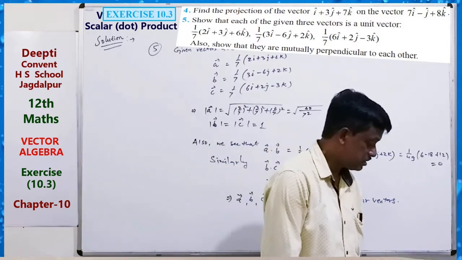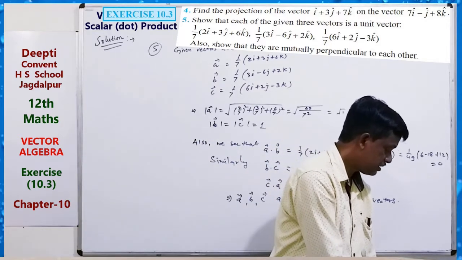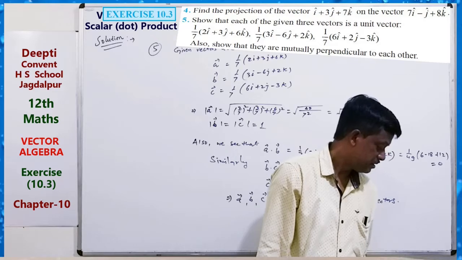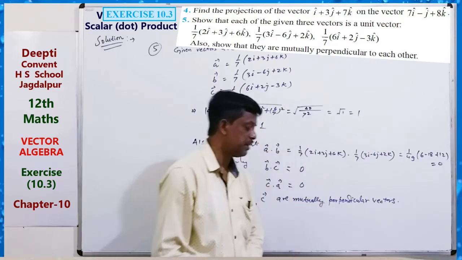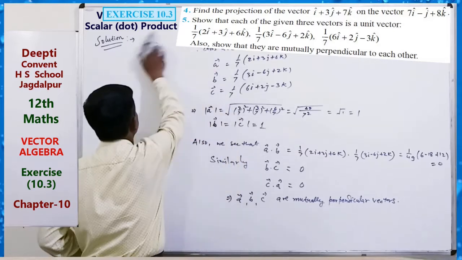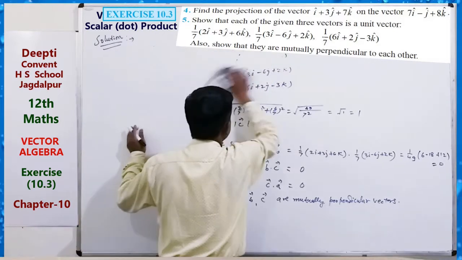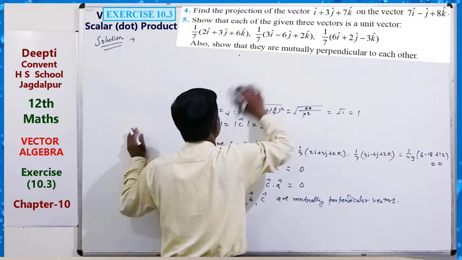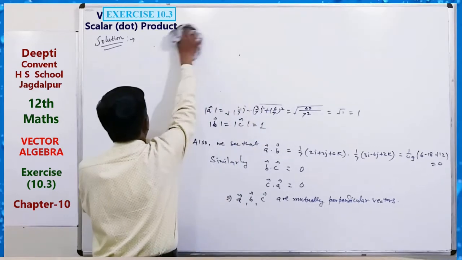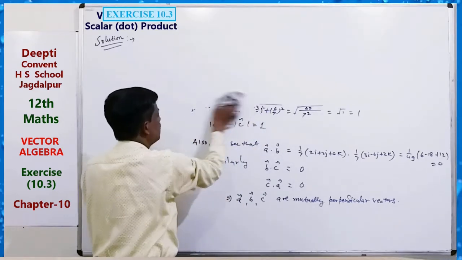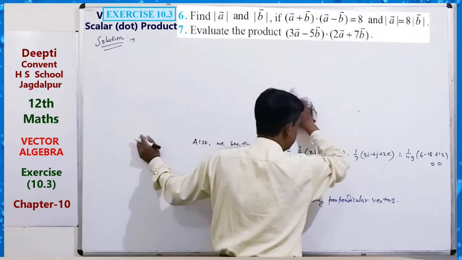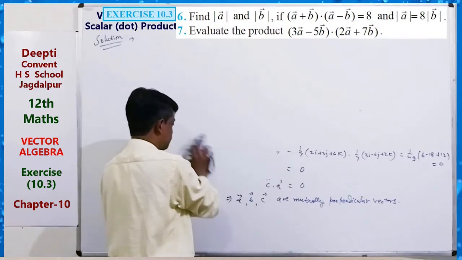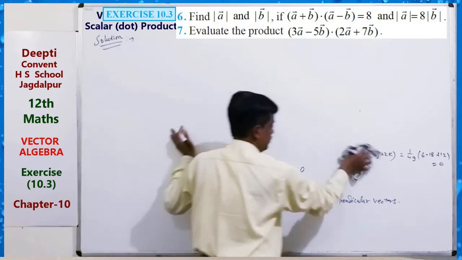Now question 6. Question 6 is an important question. You can solve it by just multiplying and remembering that the dot product is commutative.